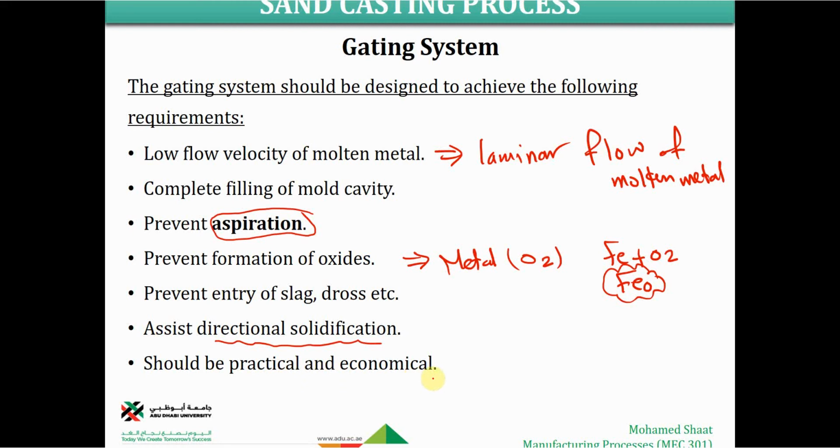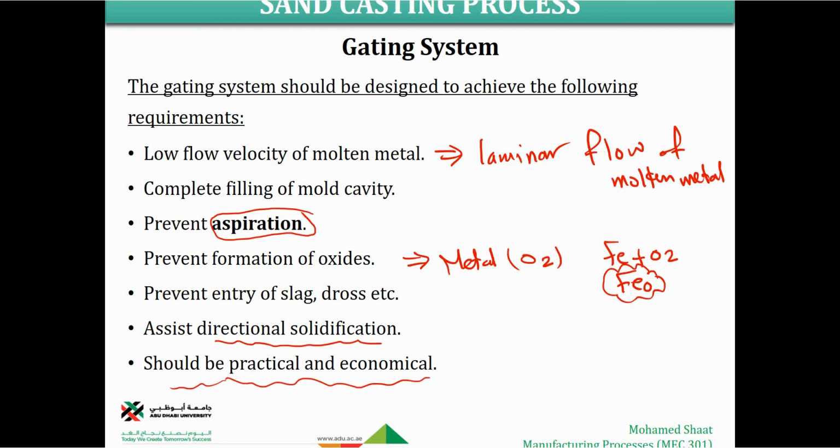It means that we have to design the gating system to be easily designed, a practical thing. We shouldn't come up with a gating system that cannot be applied, right? So these are some essential requirements and aspects that should be considered when we design the gating system. We considered these things in our design of the gating system in the sand mold design problem.